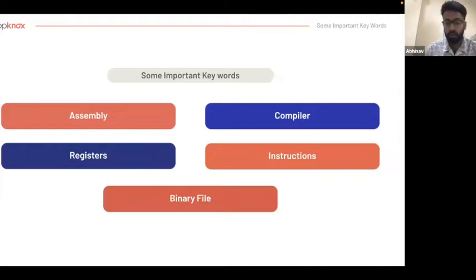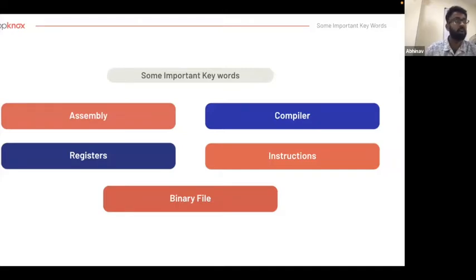And the last topic is the binary file. A binary file, or binary for short, is the output of the compiler, which has a predetermined task which can be executed on any system of the same architecture.